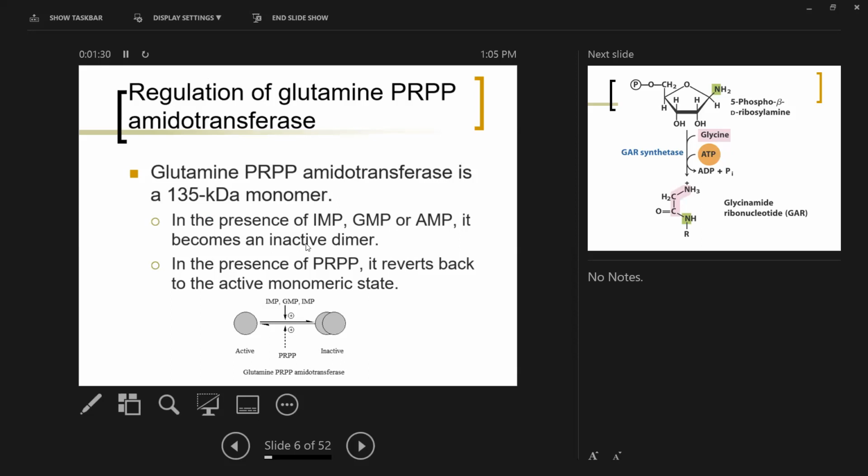And the end products of this reaction scheme, inosine monophosphate, guanosine monophosphate, or adenosine monophosphate, bind to this allosterically and convert it into a dimer. And then PRPP, the substrate, will convert it back into the active monomer. So right away, we see the end products inhibit this first step.